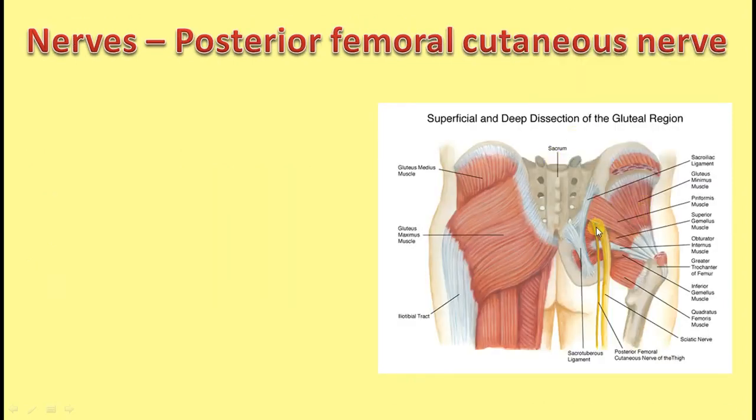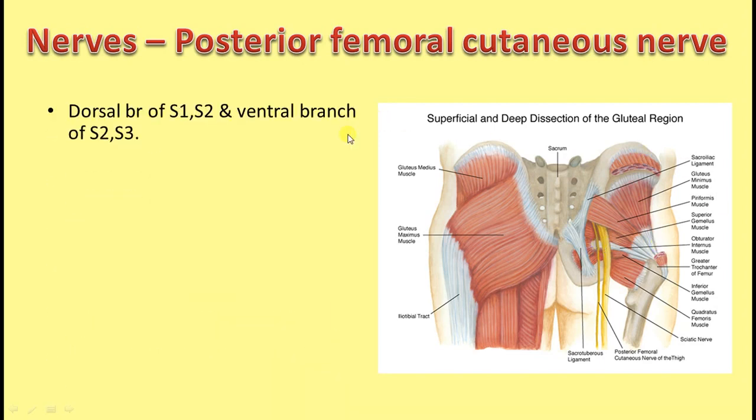The next, posterior femoral cutaneous nerve, is also called the posterior cutaneous nerve of thigh. So dorsal branch of S1 and S2. Okay, so L5, S1 and S2. Its contribution is also L5, S1 and S2.